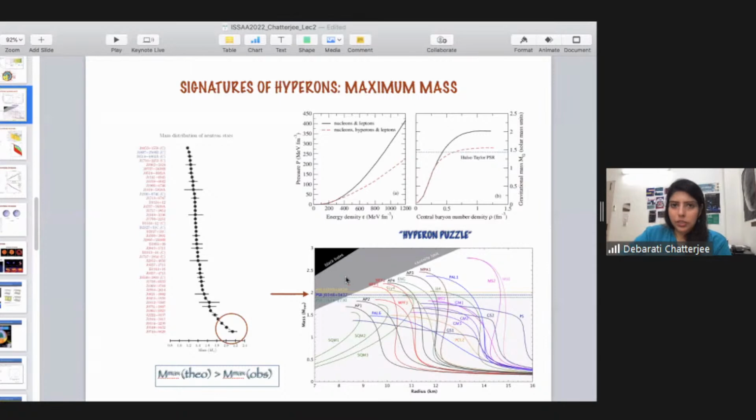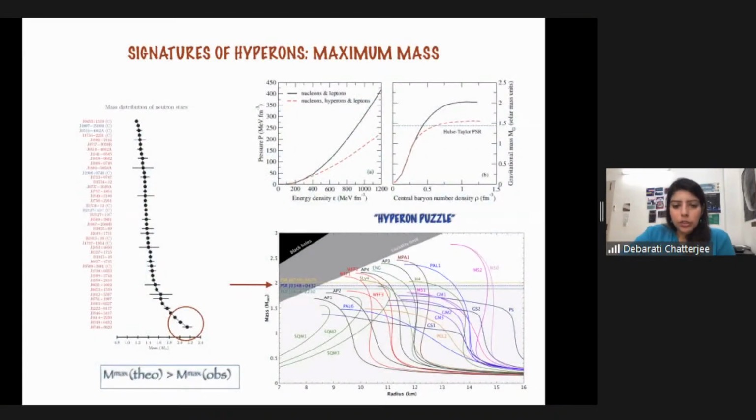the quark matter interaction. You can see here, I did not talk about these in detail, but in this mass radius plot, you can see there are some stars marked by SQM on the left hand side. These curves are self-bound stars. This is something that originates from pure quark matter. I did not talk about this.